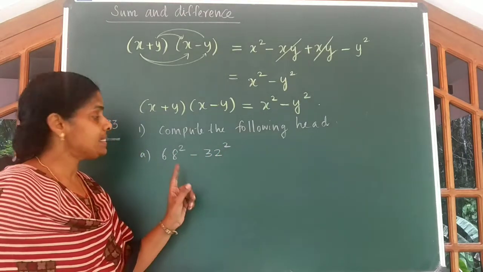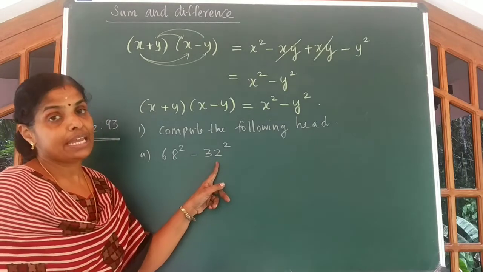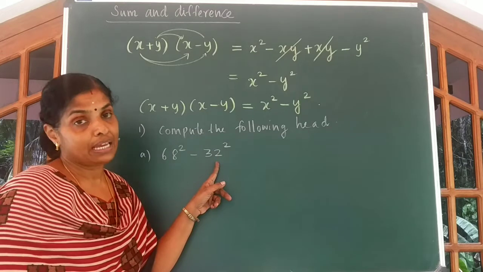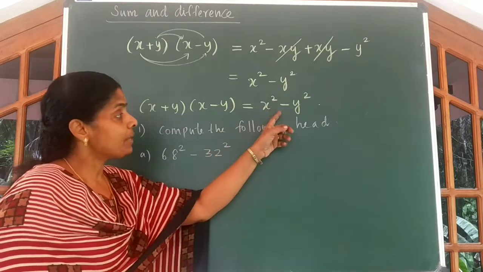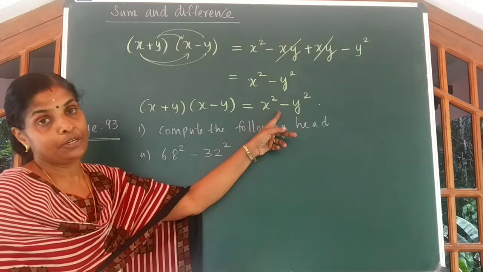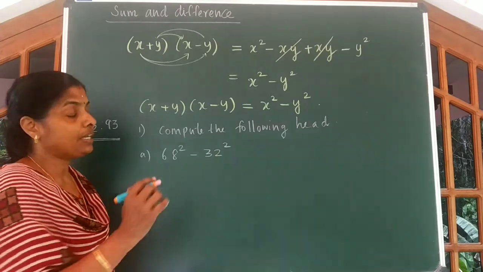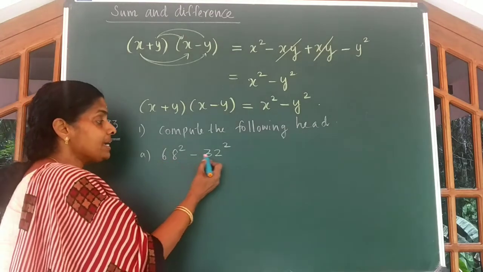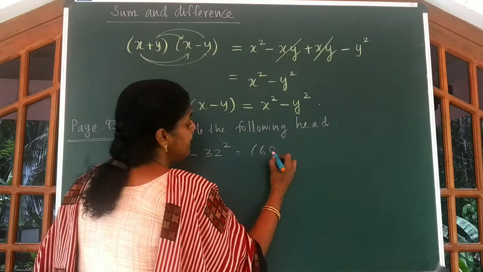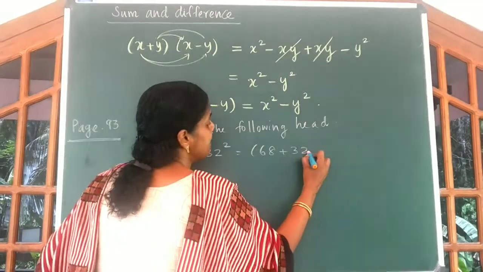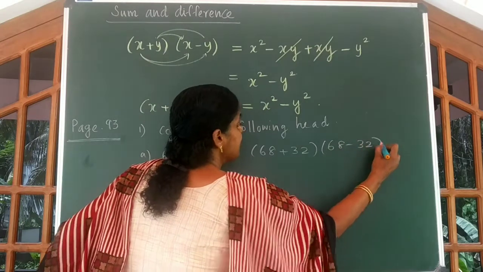Now we can understand 68 square minus 32 square is of the form a square minus b square. Just now we have studied a square minus b square is equal to (a plus b) into (a minus b). So here we can write 68 square minus 32 square as (68 plus 32) into (68 minus 32).